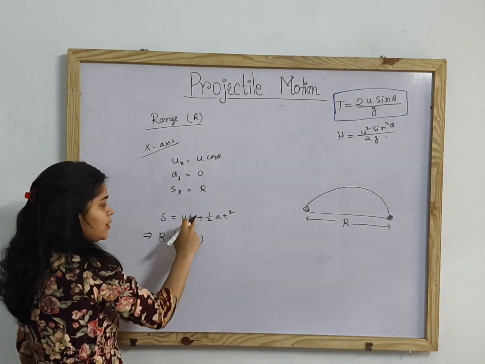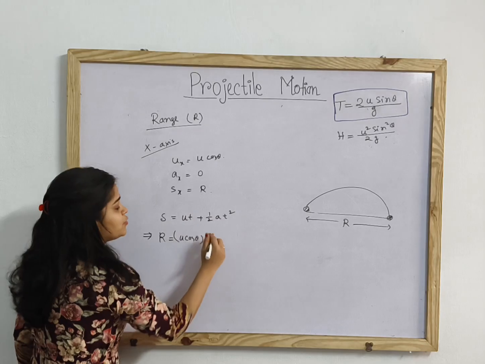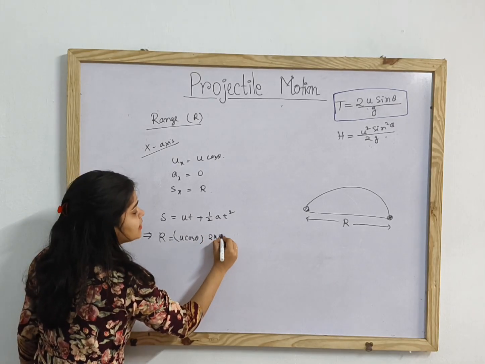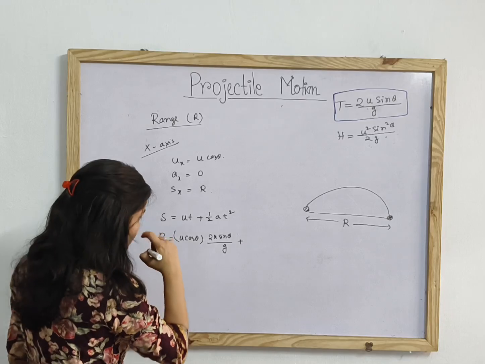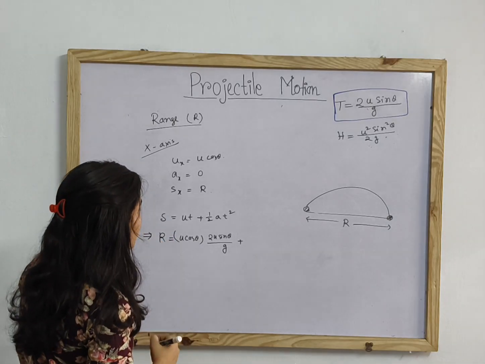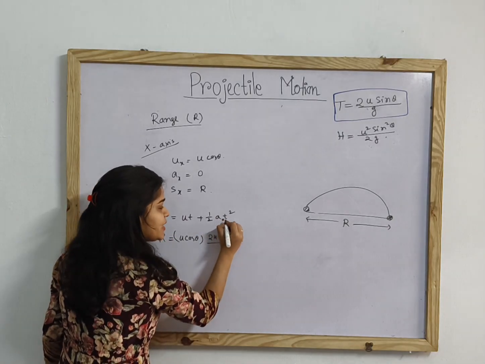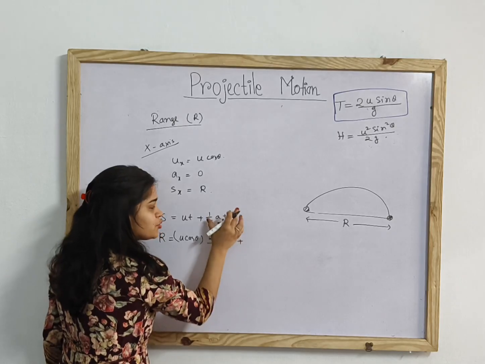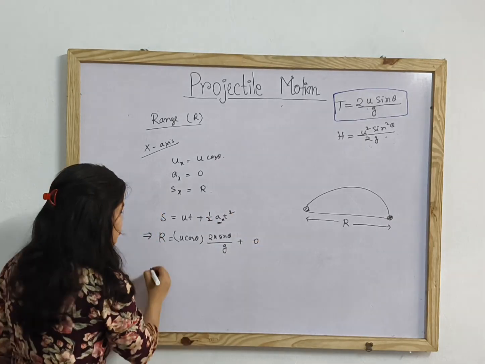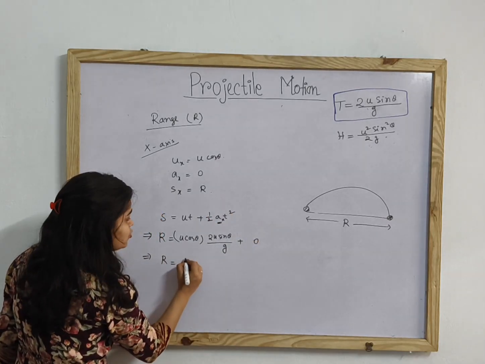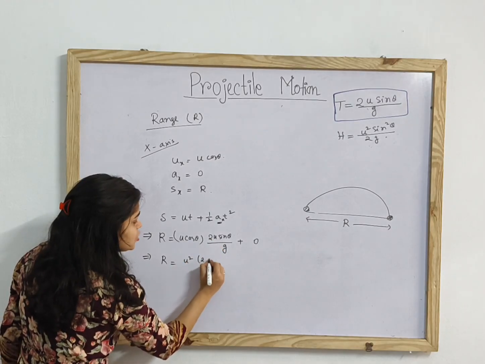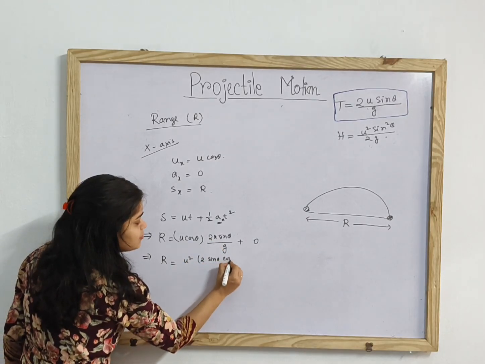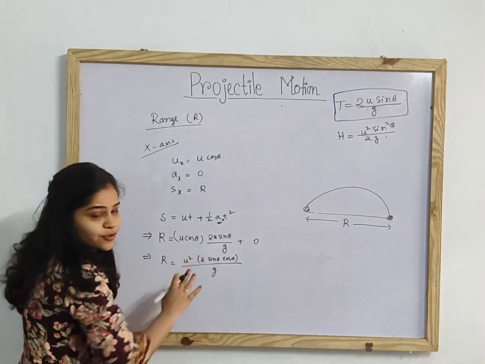So in place of t, you are using capital T, 2u sine theta by g, plus half a, so a will be your ax. In your case ax is 0, so this term is 0, right? So now you have R is equal to u square, and I will write it like this, 2 sine theta cos theta, because I have some reasons for writing it like this.